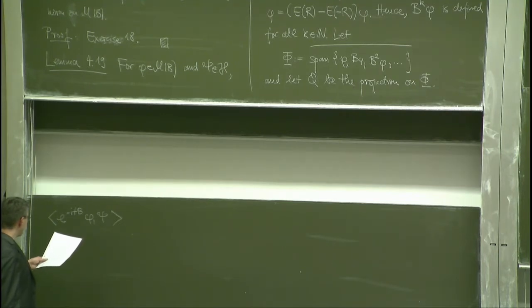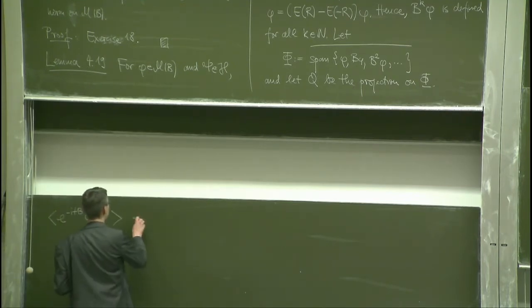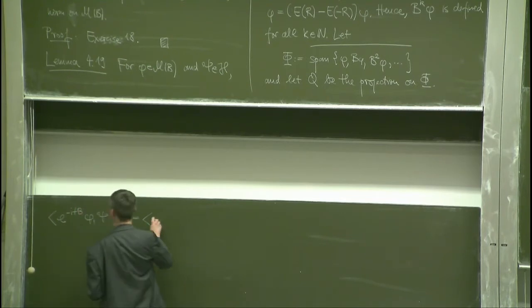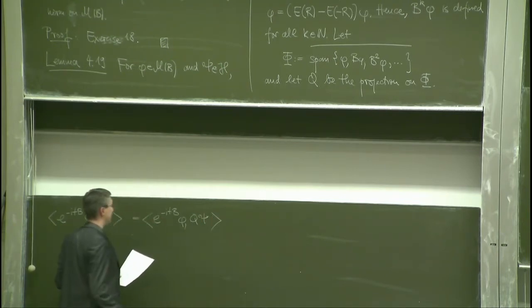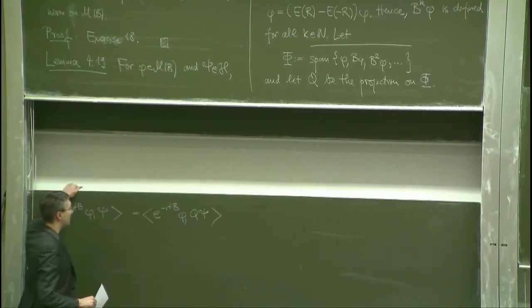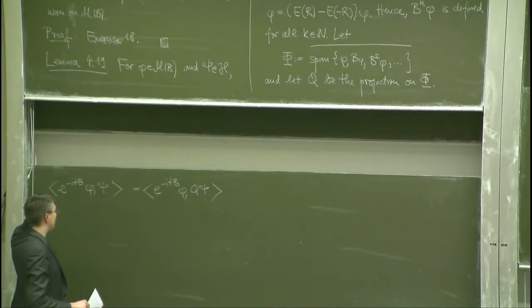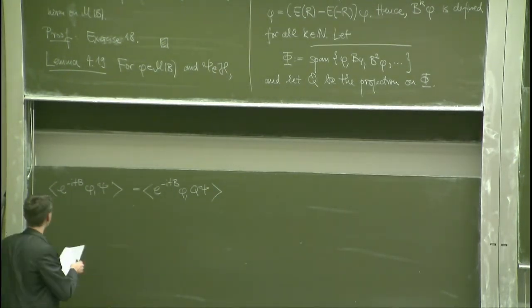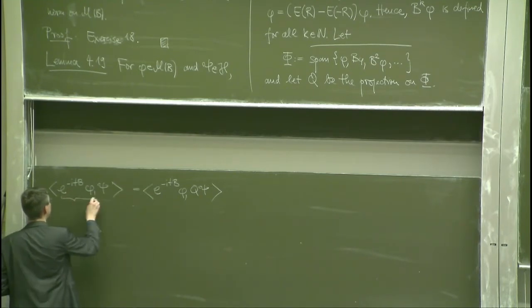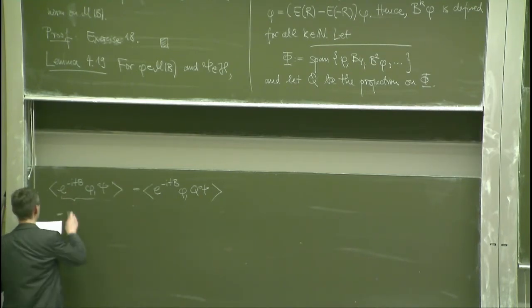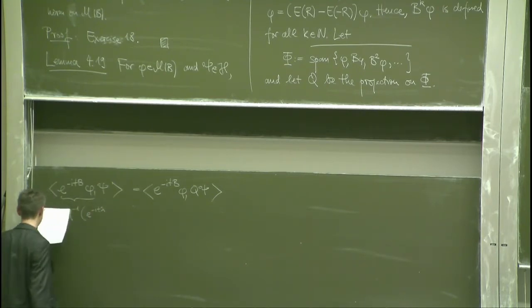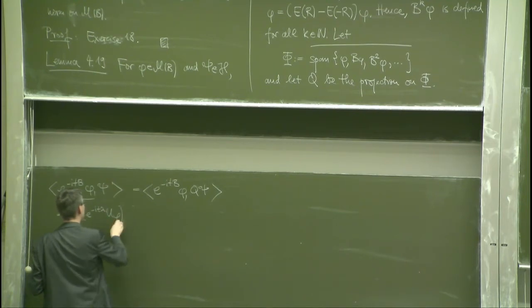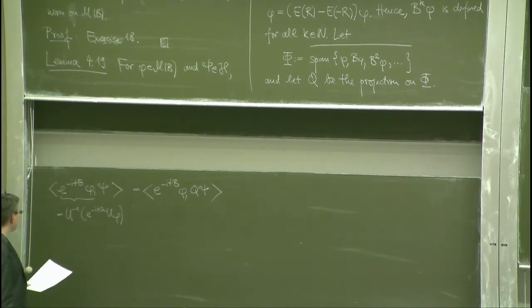What can we do here? First of all, I claim that I can rewrite this as the scalar product of exponential minus ITB phi and Q psi. So I have added here the projection onto the space capital phi. Why can we do this? This object here is nothing but U to the power of -1 of exponential minus IT lambda U phi, from the spectral theorem.